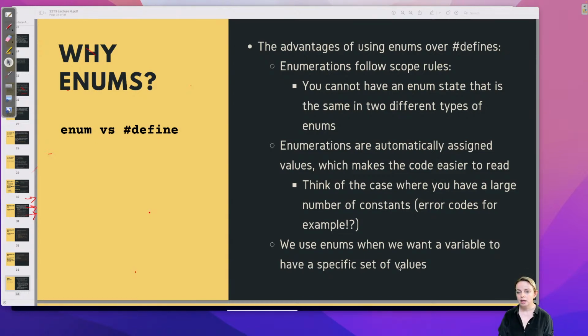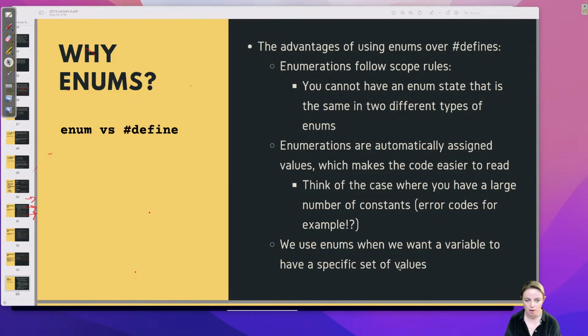It doesn't matter. Imagine the computer error codes. I think this is a nice example because you might have 200 error codes, and I don't want to be assigning numbers to each one of those. I can just say what the error code is, and when I print out that error code, the number will come up. It will assign the numbers automatically.